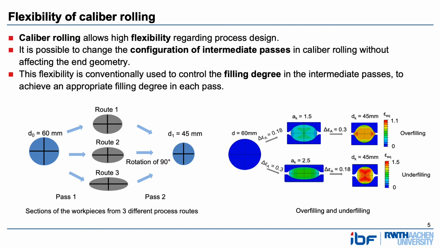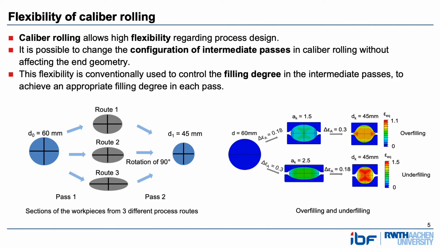In general, a caliber rolling process consists of several rolling passes. It allows high flexibility regarding process design. It's possible to change the configuration of intermediate passes in caliber rolling without affecting the end geometry. This picture at the bottom left shows us three different routes of a caliber rolling process, which consist of two passes.